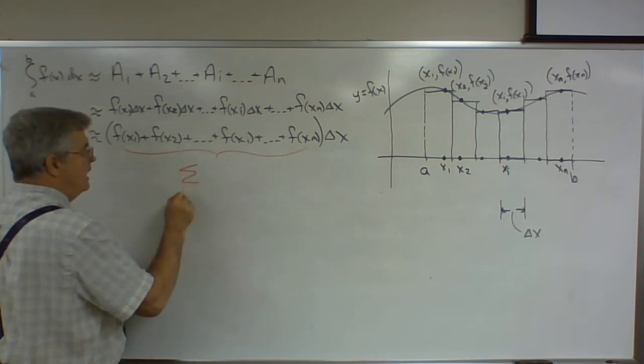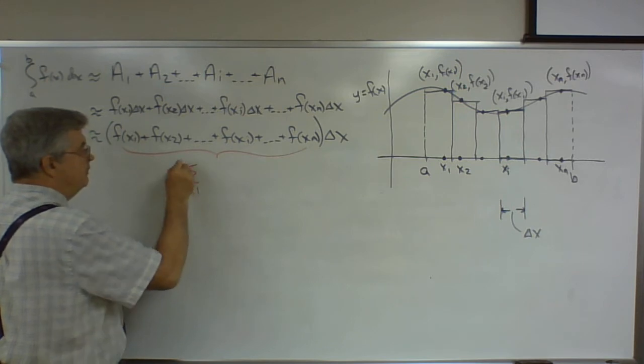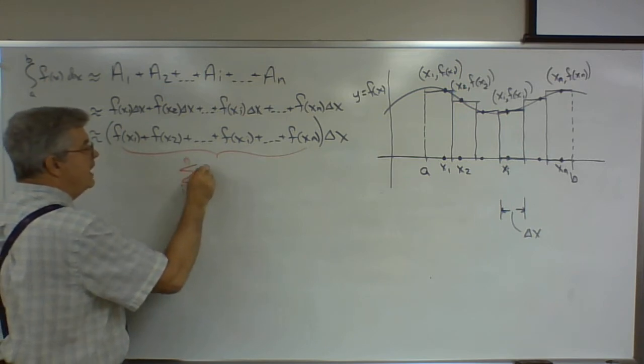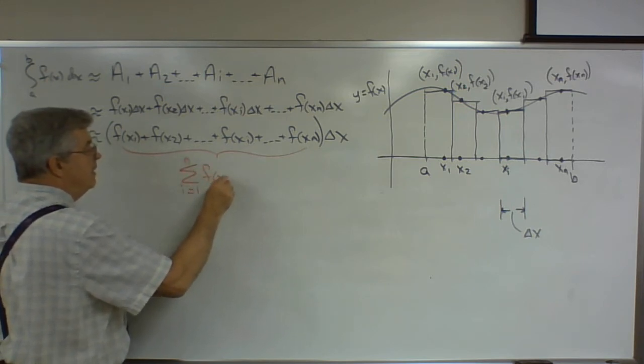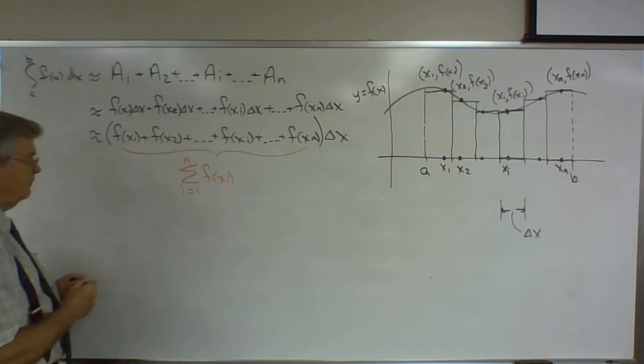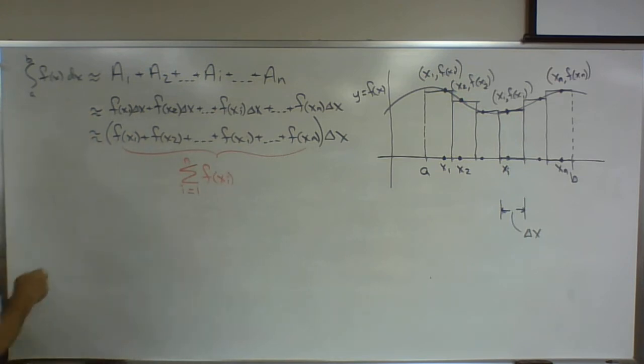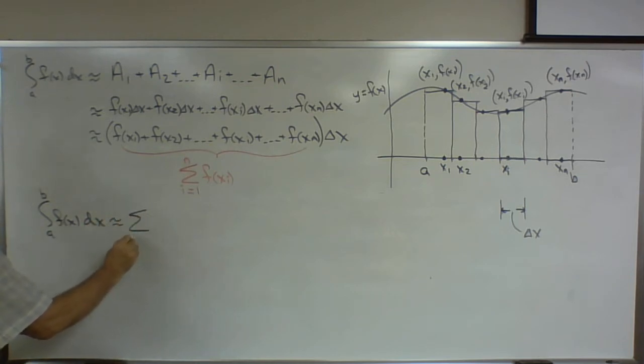So we know what that is. That's the sum from i equals 1 to n of f of x sub i. And now we have an approximation for the definite integral of f of x, and it's written in summation form.